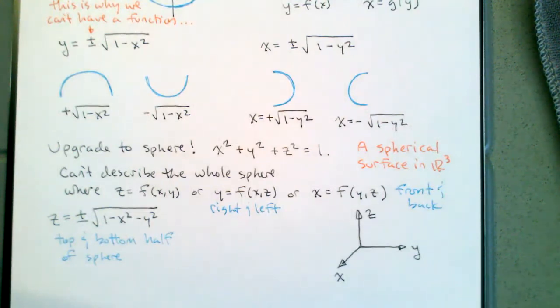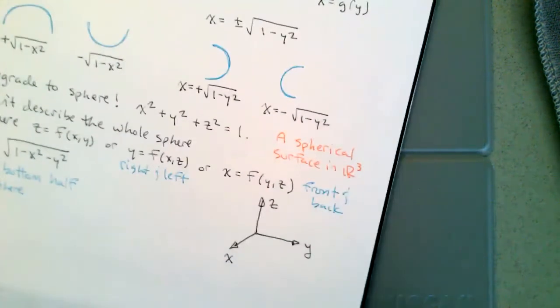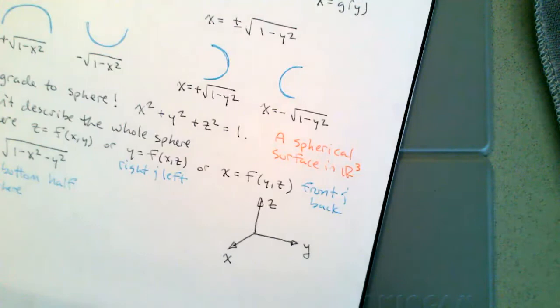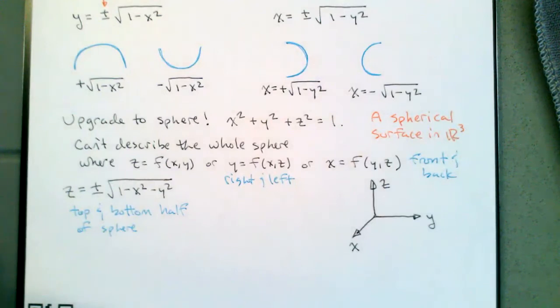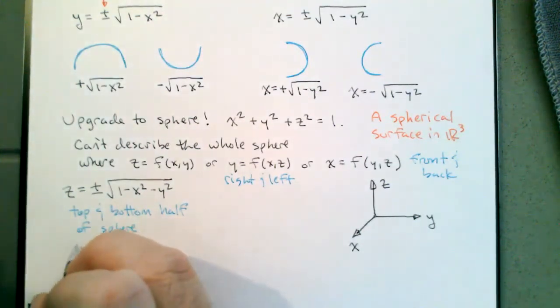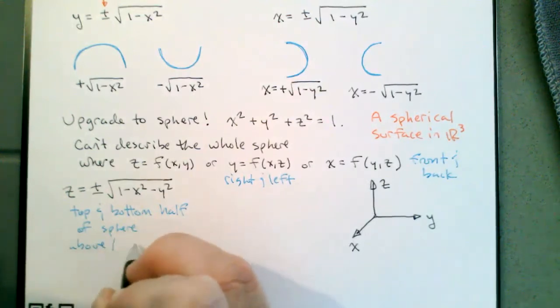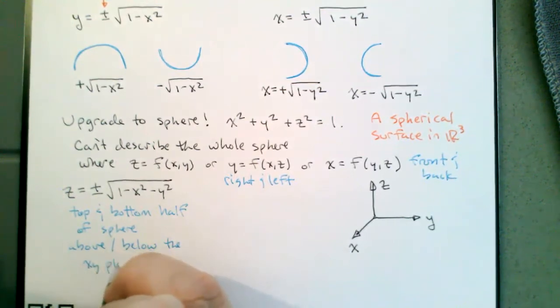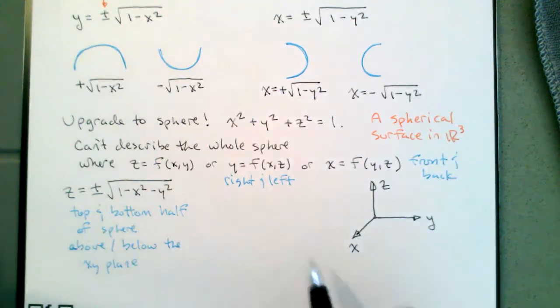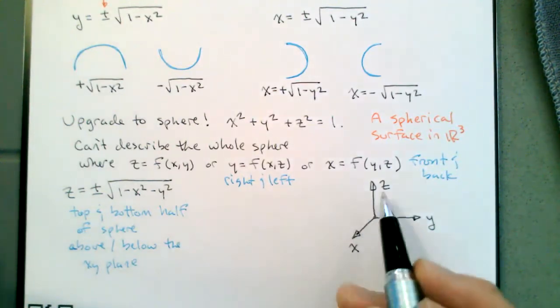We should be more specific. When I say top and bottom half of the sphere, if my problem happens to be at some funky angle and my axes aren't just the normal way we have them, we could think of the top and the bottom half as being above and below the XY plane. It's the XY plane that cuts through the middle. And so right and left, we could think of as right and left of the XZ plane.